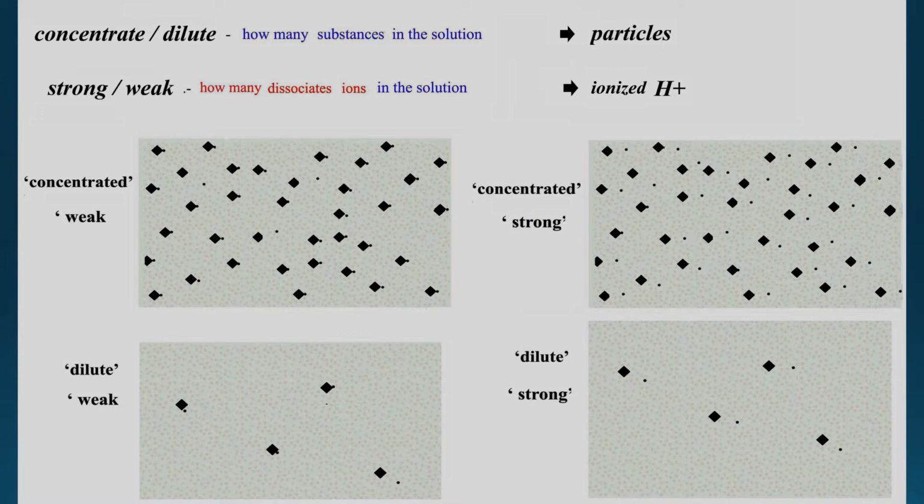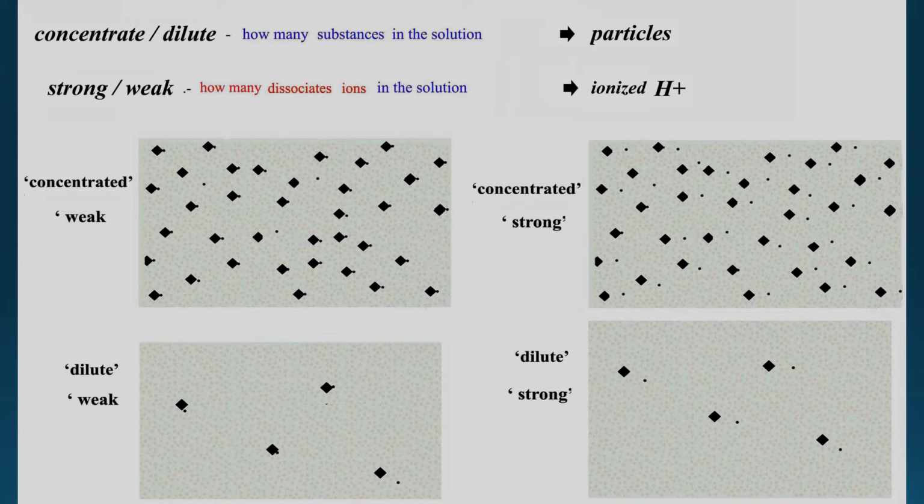Look at the bottom. They both are dilute, but this is a weak, dilute one. You see, only one is ionized, and the remaining are still in molecule form. So this is a weak and dilute acid. Look at the next one. It is also dilute, but this one is strong.